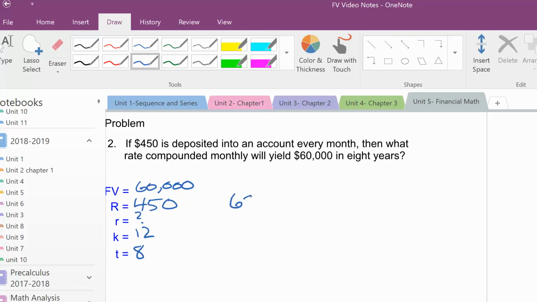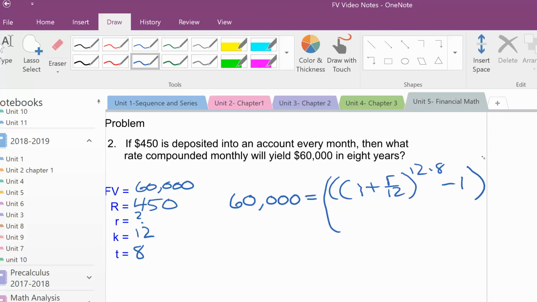So when you write this equation, you get 60,000 equals, and then you have 1 plus R over 12 to the 12 times 8 power minus 1 over R divided by 12.